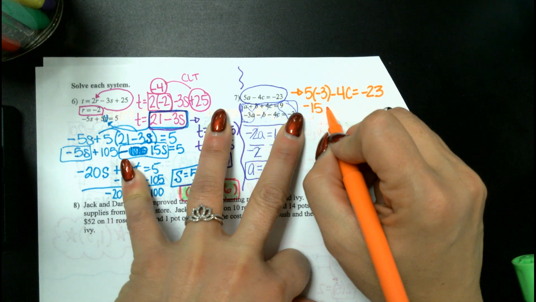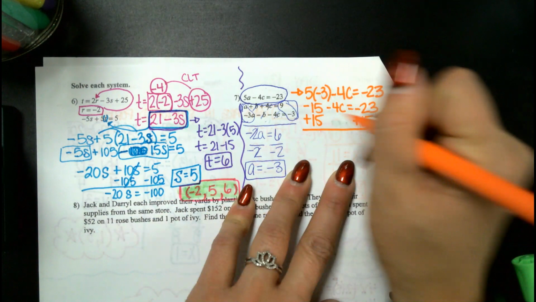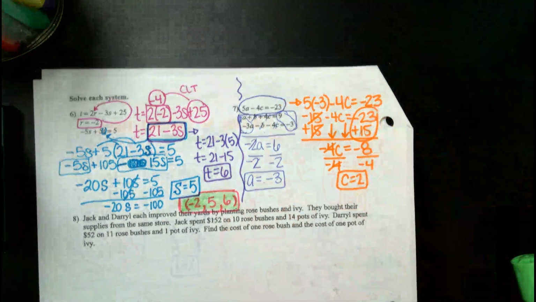And then we would move it to the other side by adding it, right? Add 15. Negative 8, yep. So negative 4C equals negative 8. Positive 2. So we have 2 of our 3 answers.